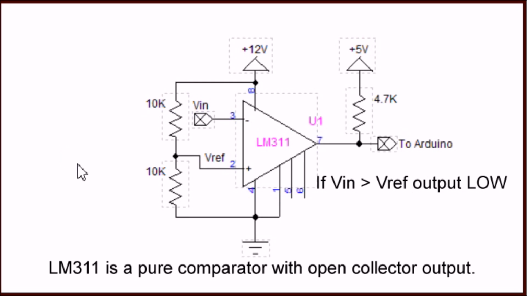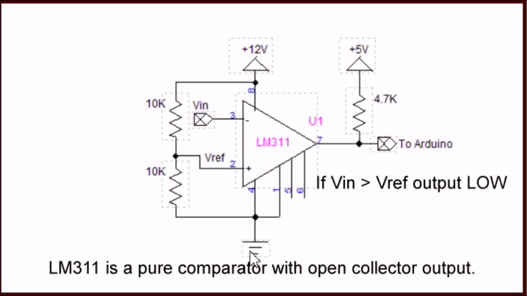Now we're going to come to the LM311. This is designed as a comparator. It's not an op-amp any longer. It is an actual comparator. But what is really nice about this is the output is what is called open collector. It has an open collector transistor that I have to connect a pull-up resistor to a power supply. There are a few different things we have to look at in these, which I will cover in a video on the LM339 comparators.